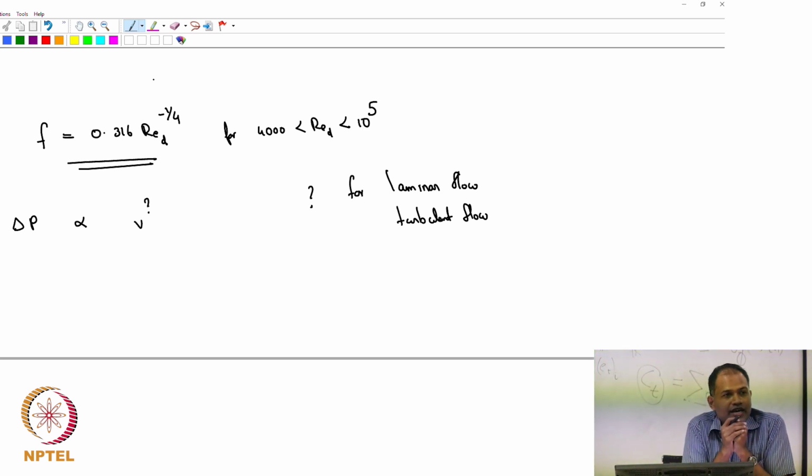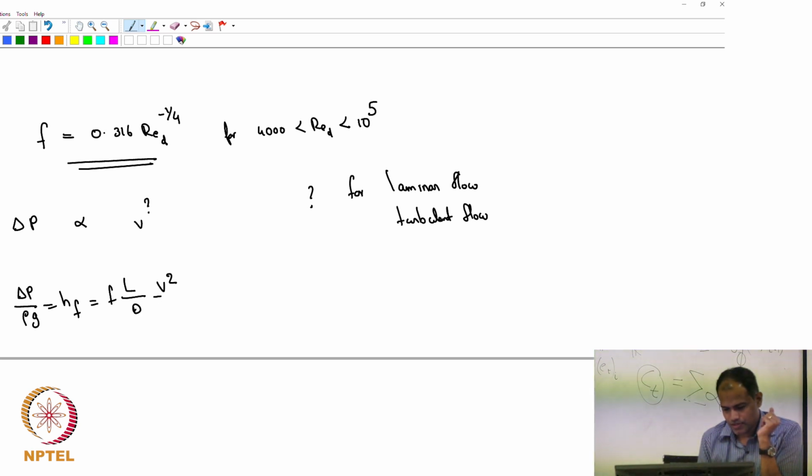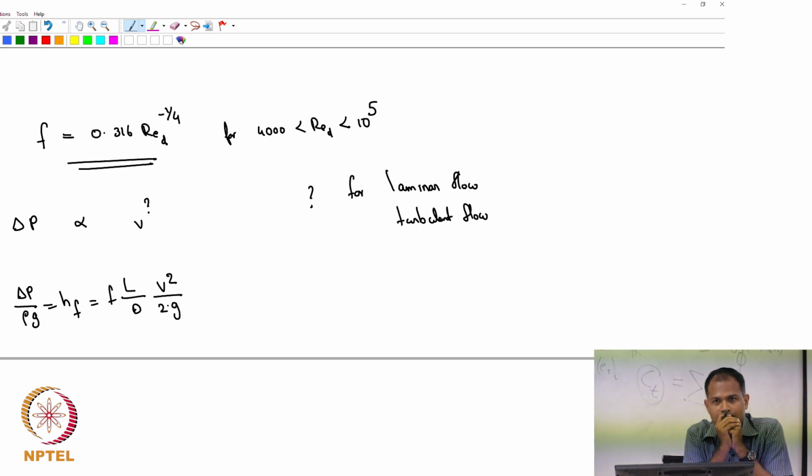So the first thing is to write delta P in terms of friction factor. That's our basic definition. Substitute for f and see what is the power of V that you get.